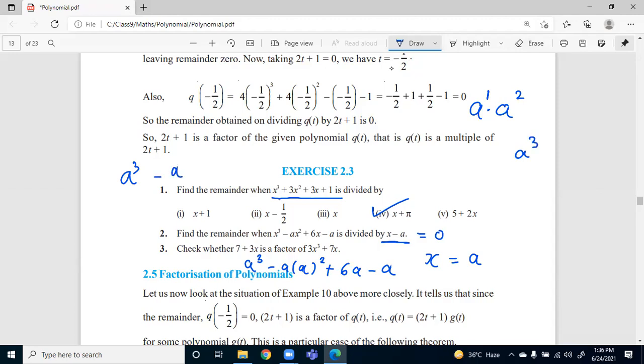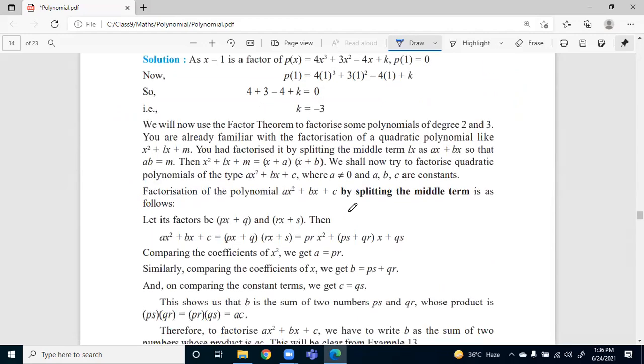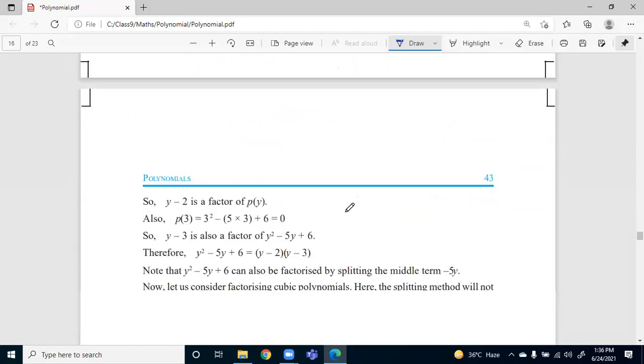A cube minus a cube, and 6a minus a is 5a. Then a cube minus a cube gets subtracted to 0. So the final answer should be 5a. Understood? So there can be one question from remainder theorem. Now let's move to the next exercise.